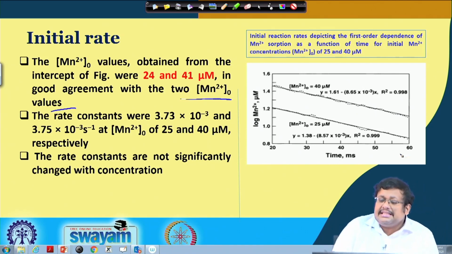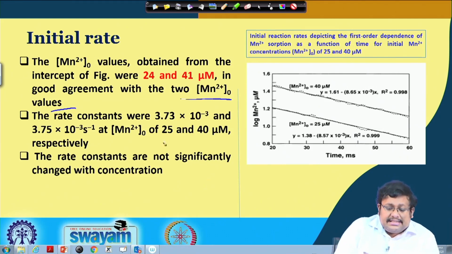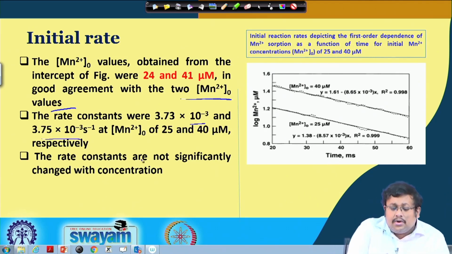So, these reactions satisfy our condition. Now, the rate constants are 3.73 times 10 to the power minus 3 and 3.75 times 10 to the power minus 3 per second at initial Mn of 25 and 40 micromolar concentration. You can see this is a first order reaction, so obviously the unit will be per second.